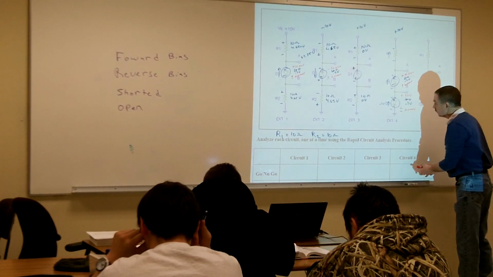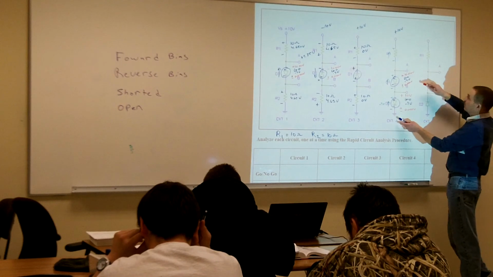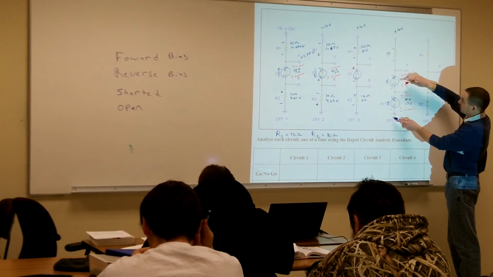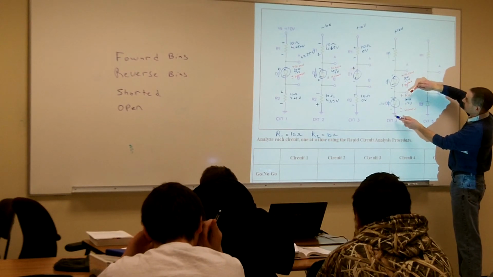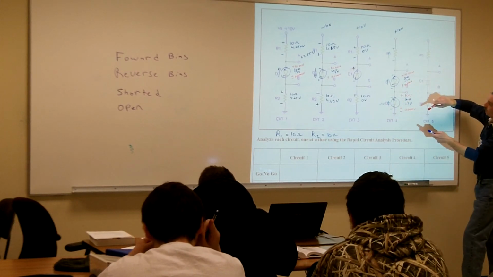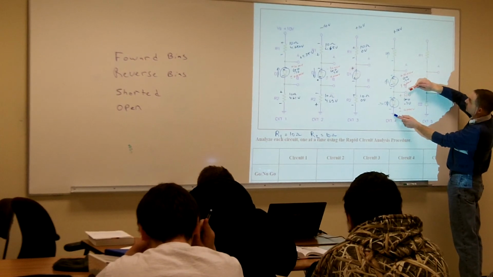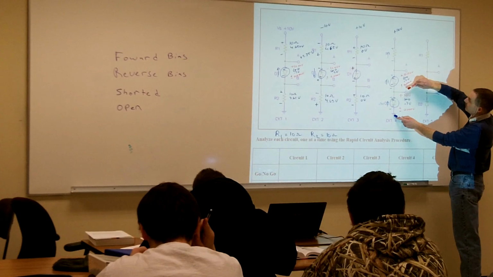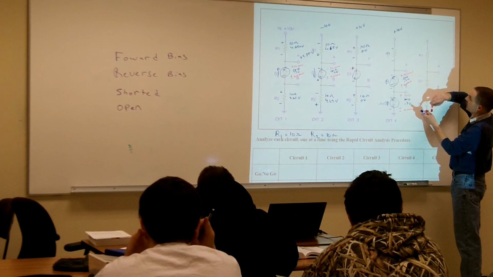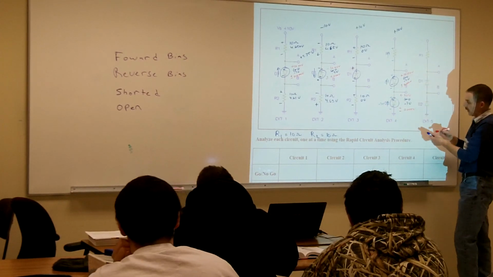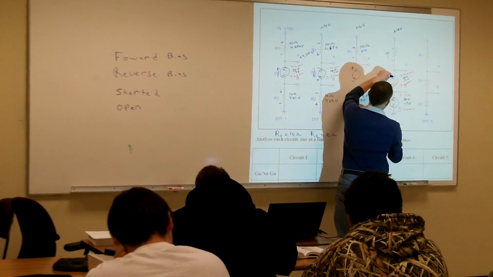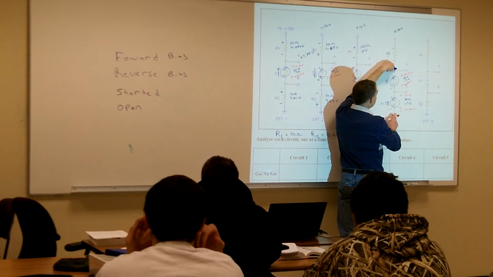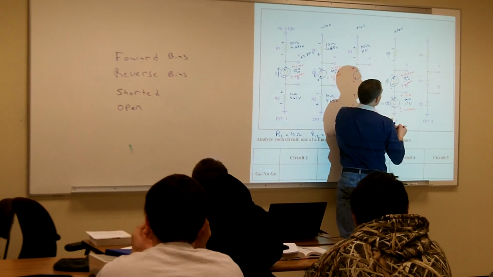Let's calculate out what our test point voltages would be, because that's kind of doing the same thing we're doing. So what would be my test point voltage at test point A?